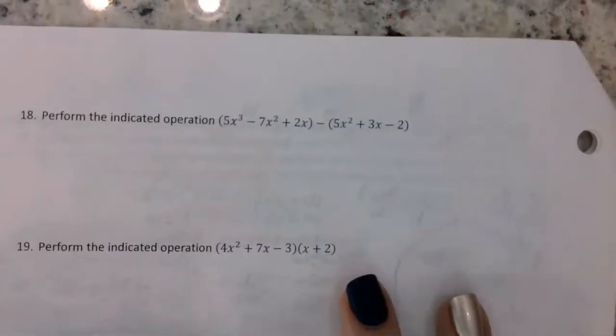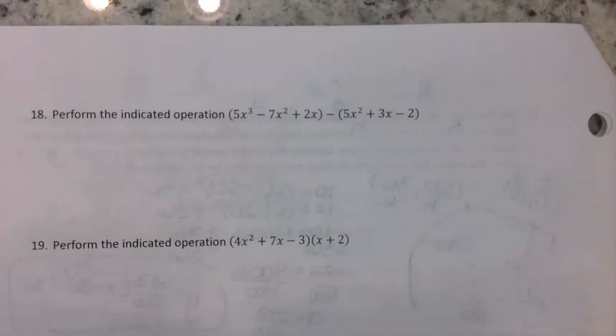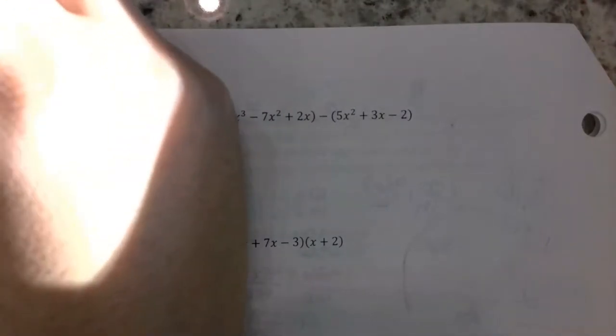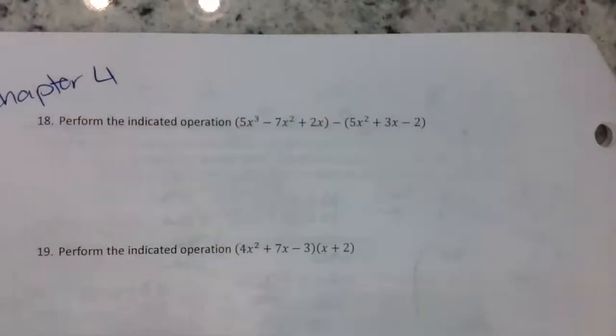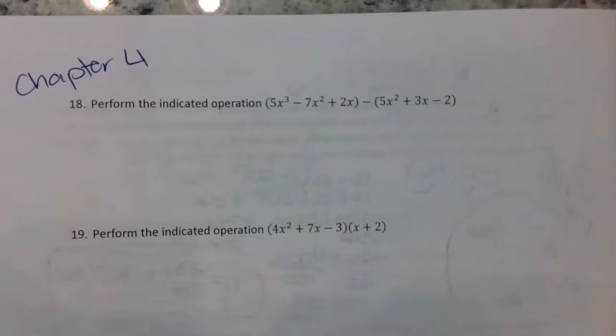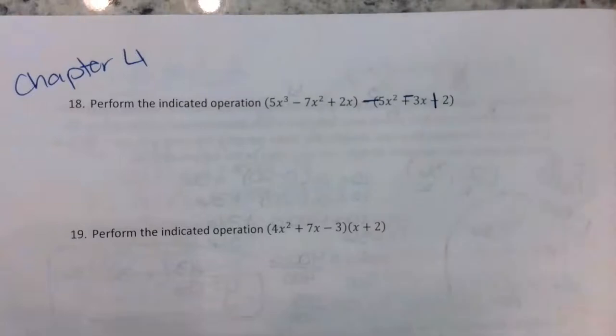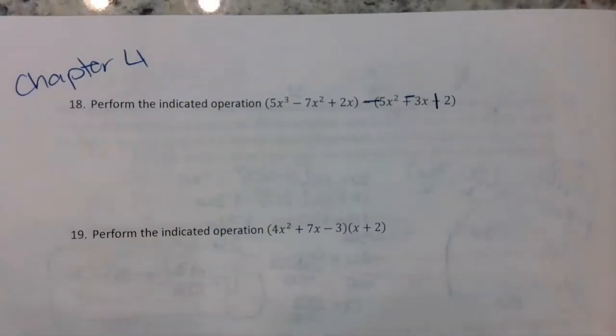Okay, this one is chapter 4. This one wants me to perform the indicated operation. I've got a minus sign, so I'm going to go ahead and change all of my signs to be the opposite afterwards. And then from here, I just combine like terms.